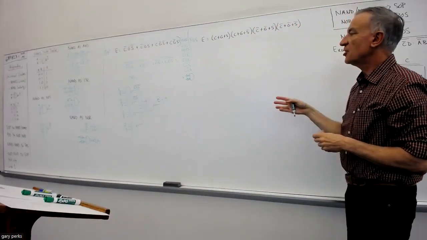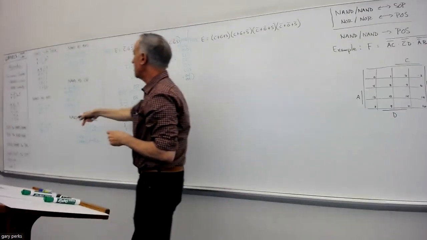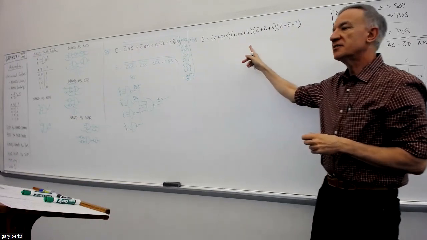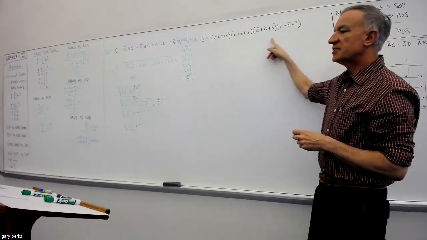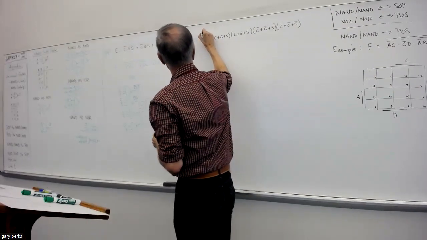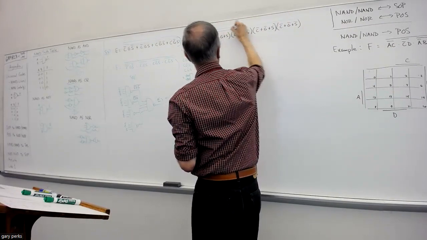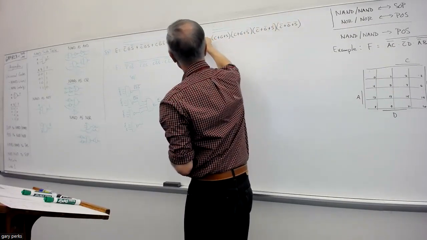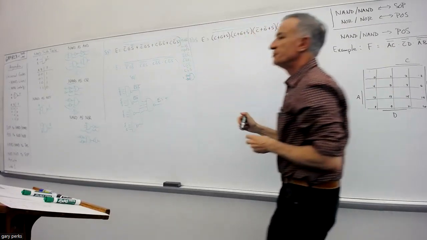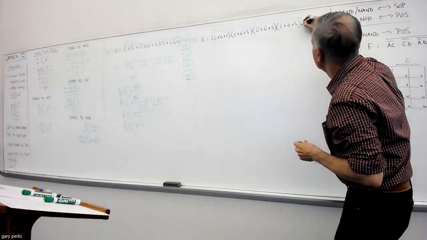Okay, I'm going to show you how you go from POS, product of sums, to NOR. Okay, so here's our POS, like we said earlier. So you double knot both sides. Again, this is the same as E. And now we're just looking at this.